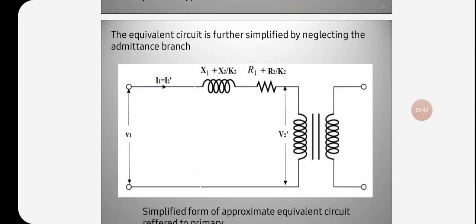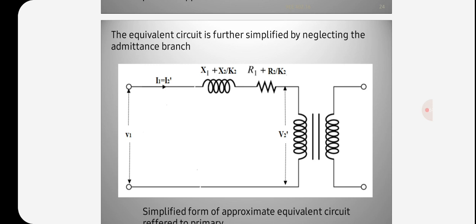So here a transformer should have a small value of voltage regulation, that is good voltage regulation, so that the terminal voltage at the consumer's premises does not vary widely when load changes. If a transformer has a large voltage regulation, that is a poor voltage regulation, the voltage at the consumer's terminals will fall appreciably with the increase in load.